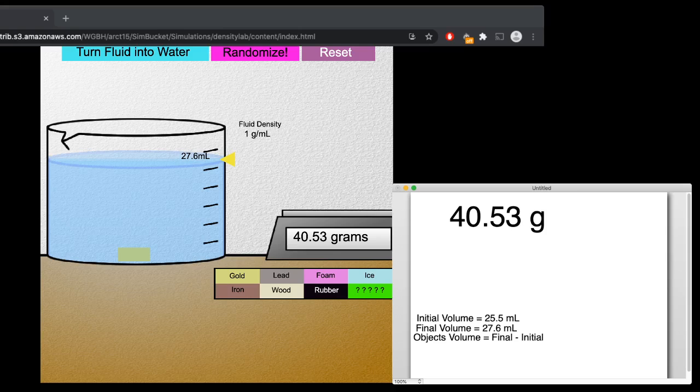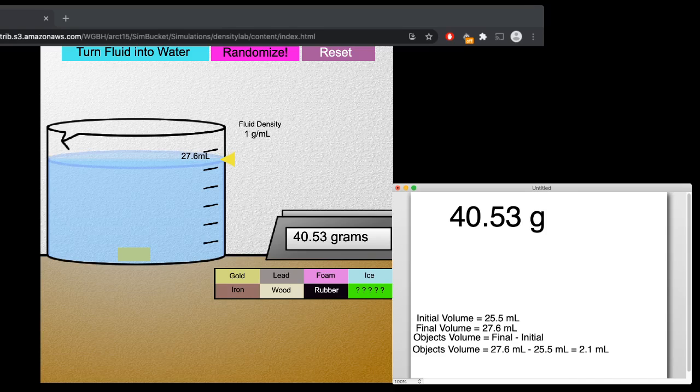That then equals, I'm going to put that into our calculator real quick. Let me grab my phone. So 27.6 minus 25.5 equals 2.1 milliliters. Okay? So our object's volume is 2.1 milliliters.